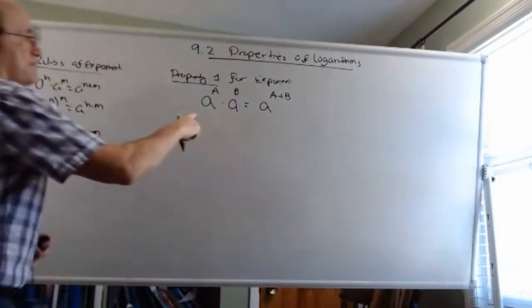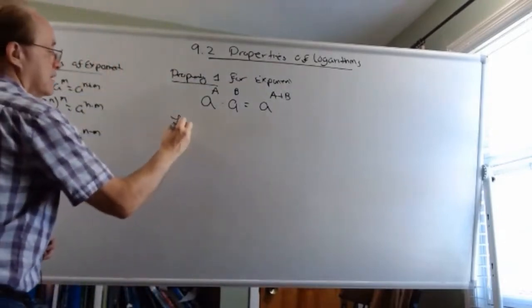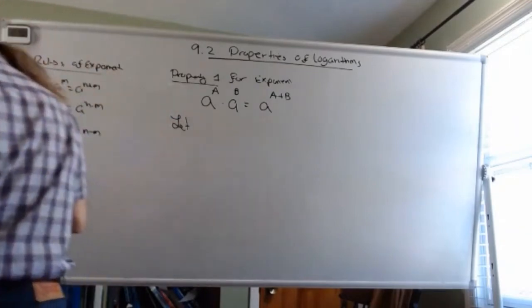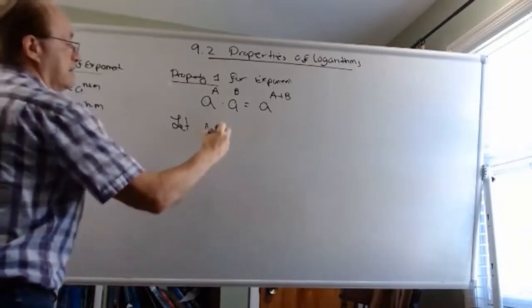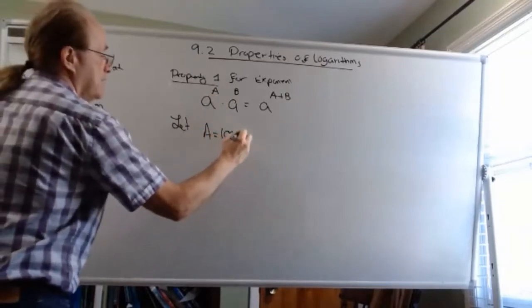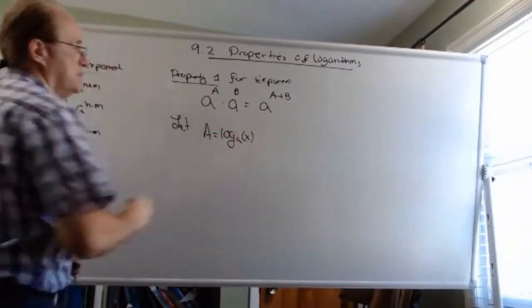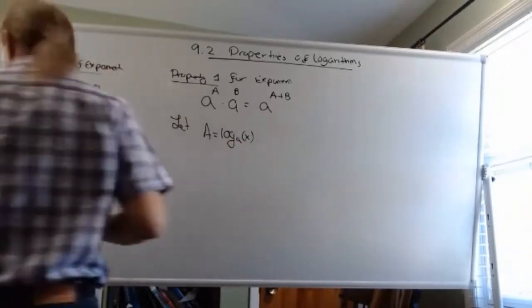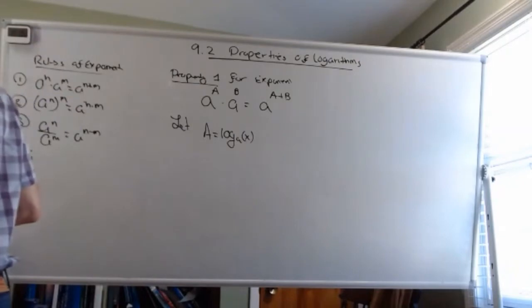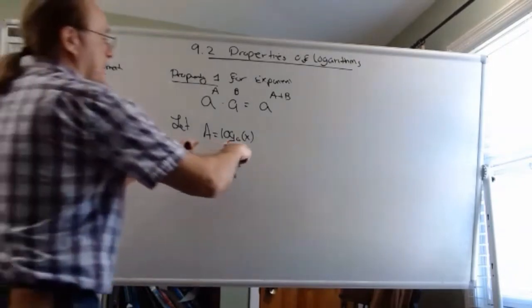And now let's let the following. Let's let my a here equal the log in the base a of x. We're going to use this for a second. So we'll do that with the corresponding exponential definition.